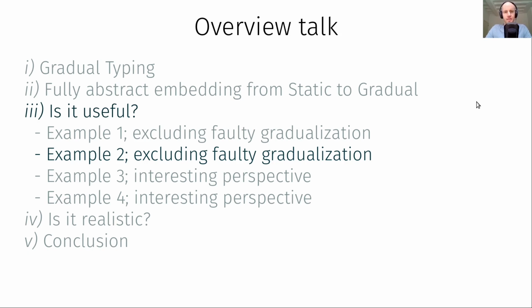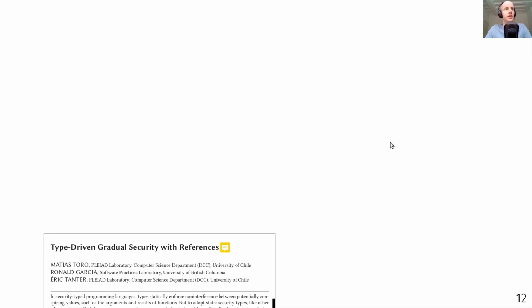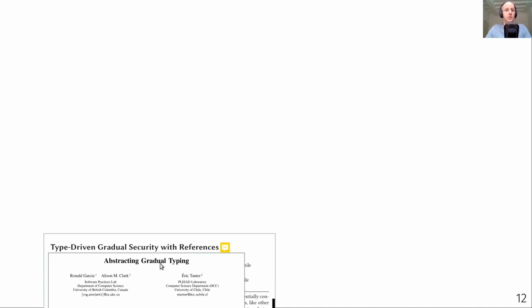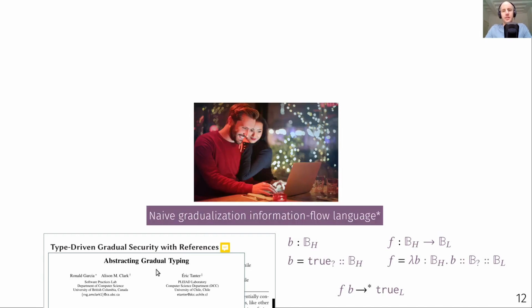For the second example, we're going to look at this paper. In this paper, they gradualize an information flow language. But before they do that, they also showcase that if you naively apply abstract gradual typing, you get a gradualization that, although it satisfies all the refined criteria, does not satisfy non-interference.